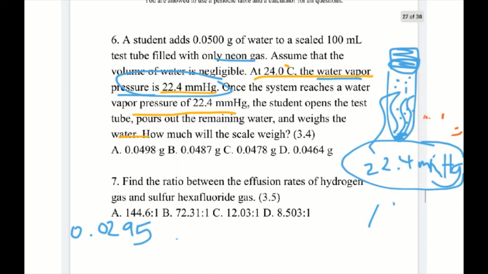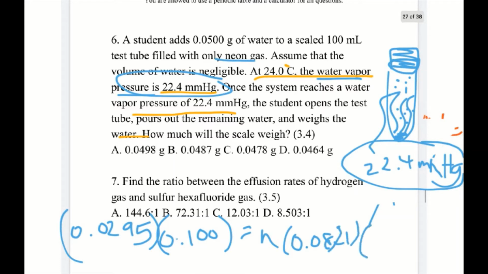And let's just use PV equals nRT to find the number of moles of water it takes to create this pressure. So our volume is 100 milliliters, or 0.100 liters. And this is equal to the moles of water times 0.0821, and times its temperature, which is 24 plus 273.15, and that's 297.